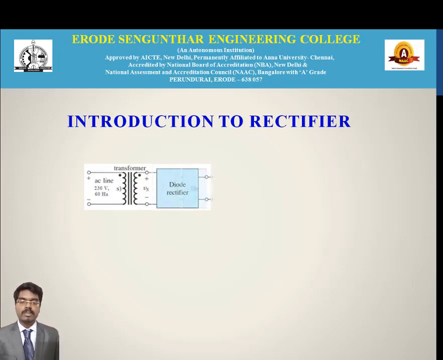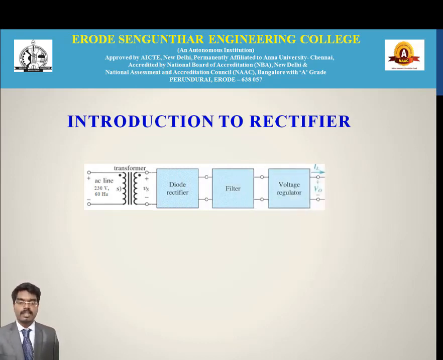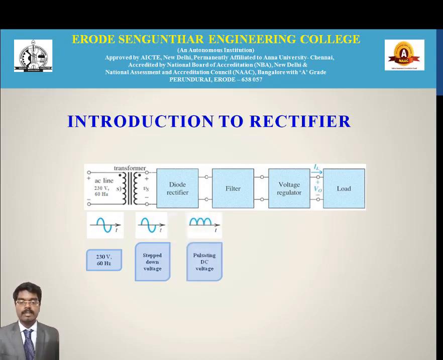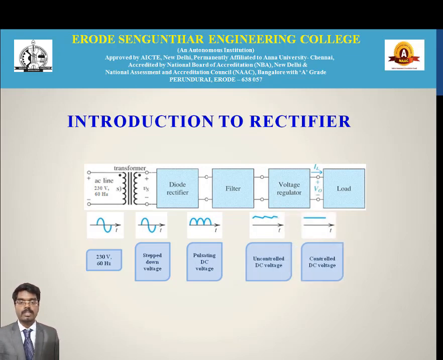At the output of the transformer, you will be getting a step down voltage which is given as an input to the diode bridge rectifier. At the output of the diode bridge rectifier, you will be getting a pulsating DC voltage. There you will be getting AC ripples, which are minimized by connecting the filter circuit. At the output of the filter circuit, you will be getting an uncontrolled DC voltage.